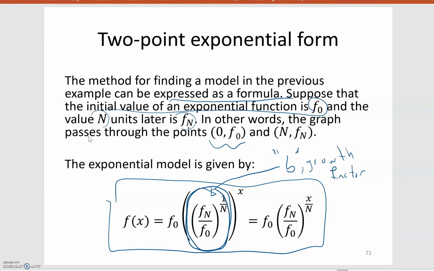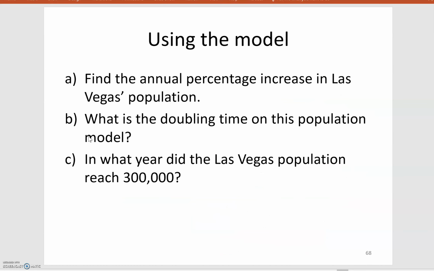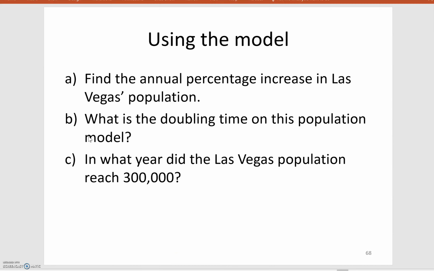But that's how we write the function when we are given 2 points. This is one method. There is another method which we'll introduce later. Now we can go back and actually talk about that model. There it is. Now I want to answer some questions, which we will do in the next video.